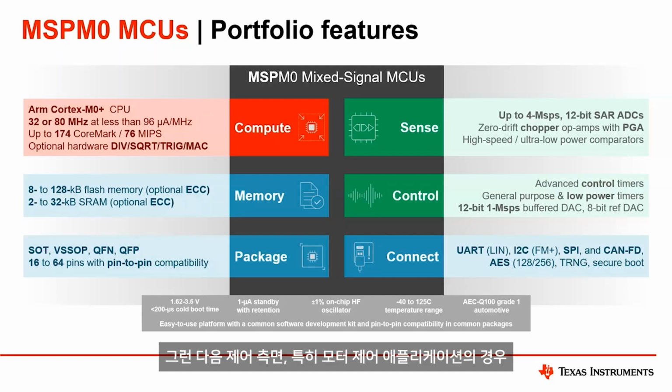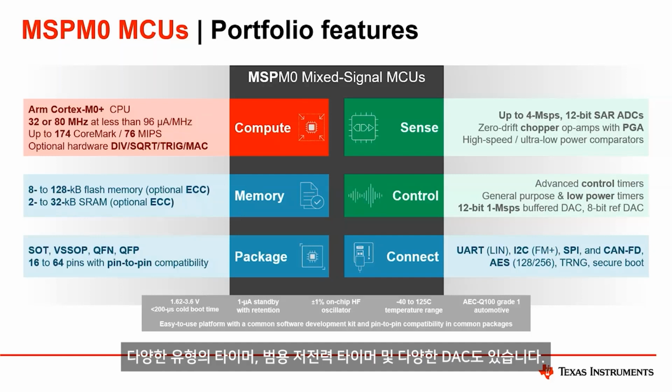Then on the control side, specifically for motor control applications, we have different types of timers, general purpose low power timers, and different DACs as well. In the connection piece, we have the standard UART, I2C, SPI, and CAN-FD, which is new for MSP-M0 specifically, as well as security features like AES functionality.